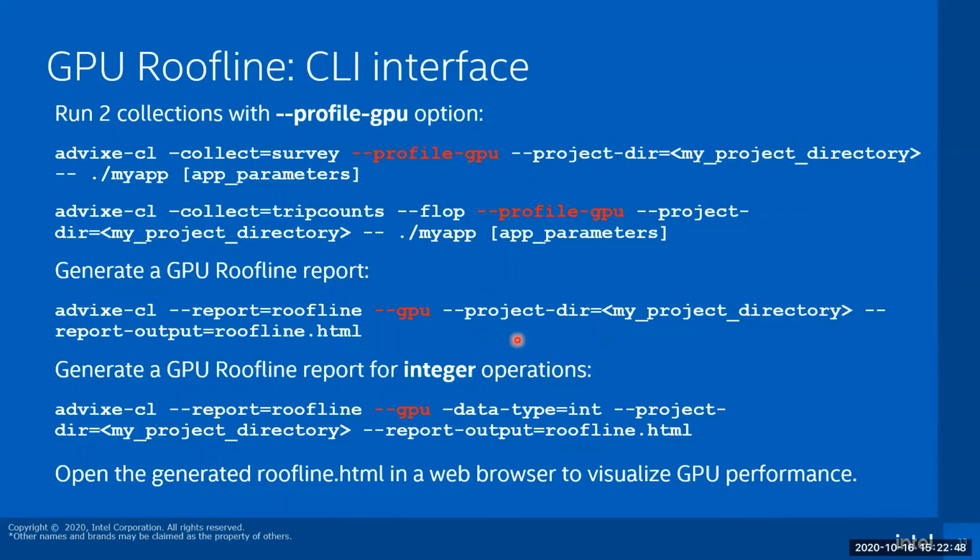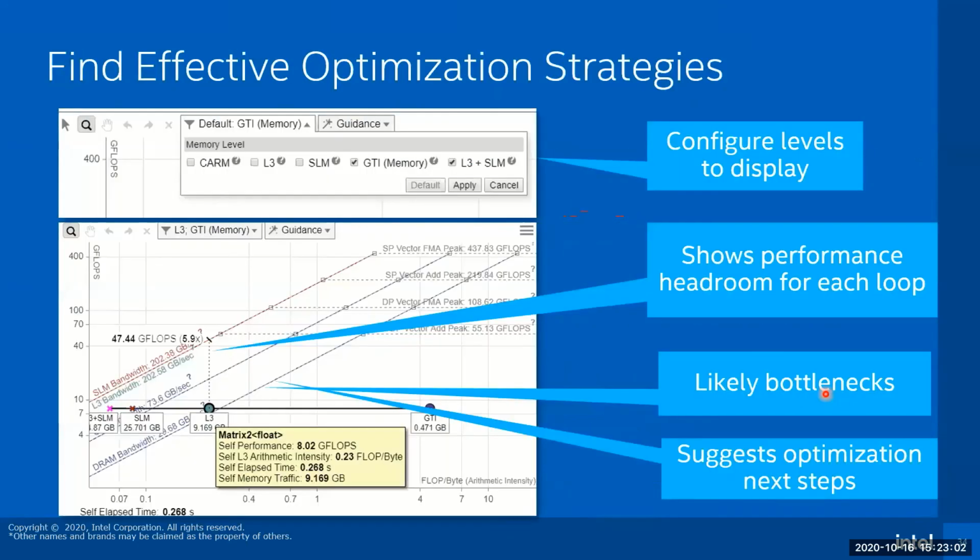Similarly, you can do that not only for floating point but for integer operations as well, and then visualize the results using the web browser. It's a very similar approach to what is used in CARM, with the addition of some levels of memory like GTI or shared local memory, and the level 3 GPU caches.